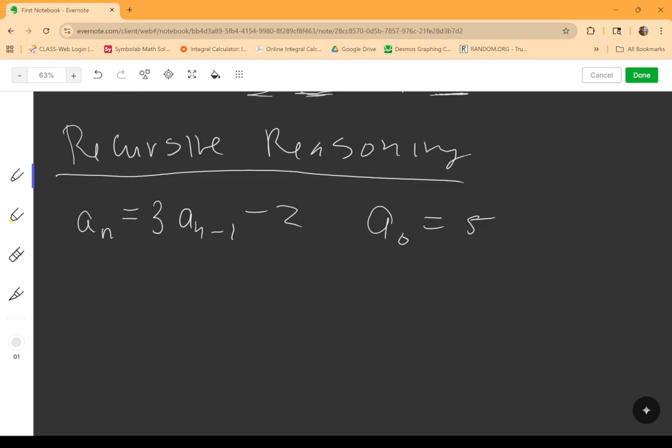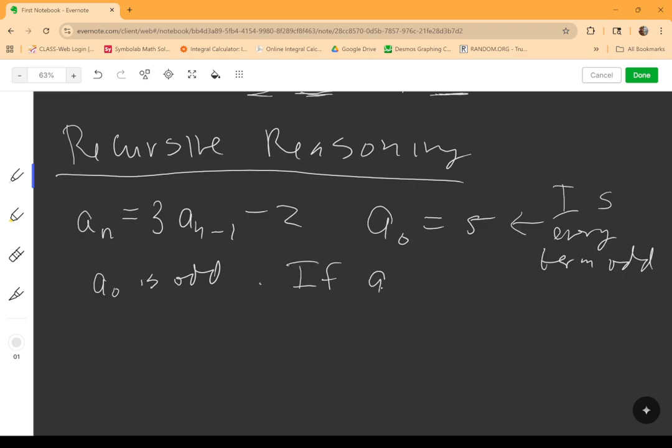Well, we check that a0 is odd. So the question being posed is, is every term odd? a0 is odd.